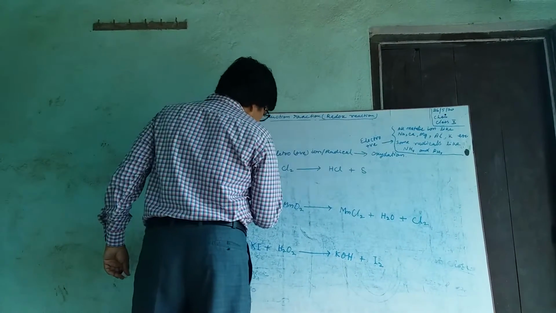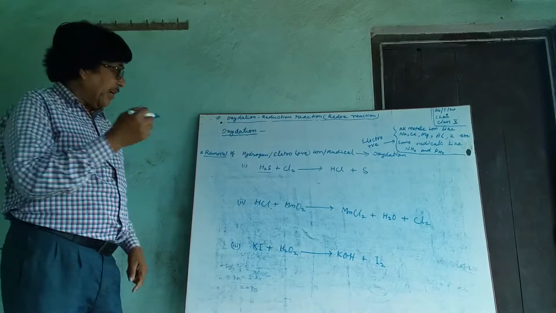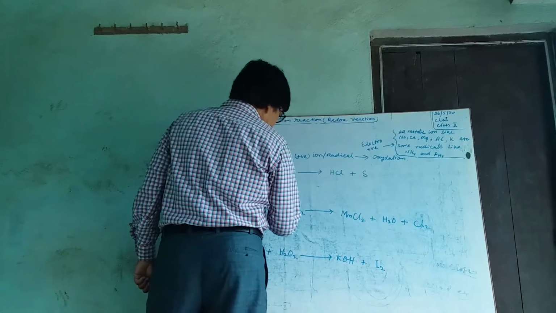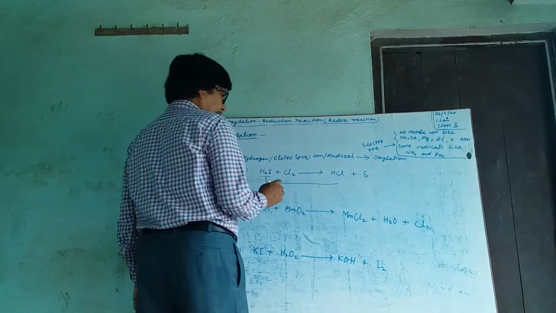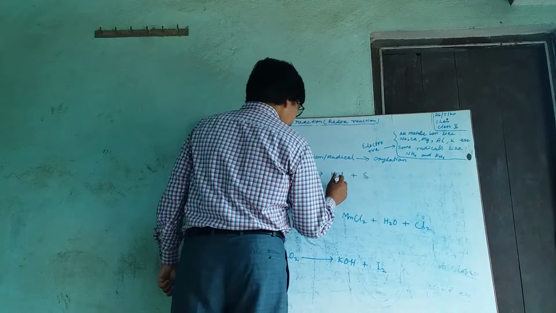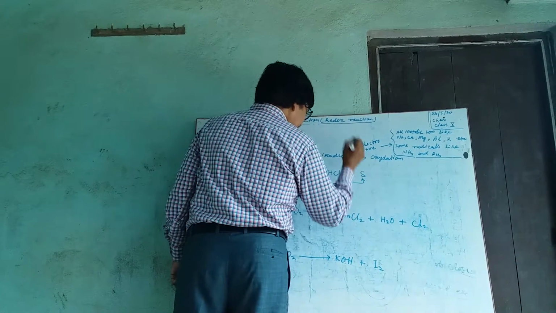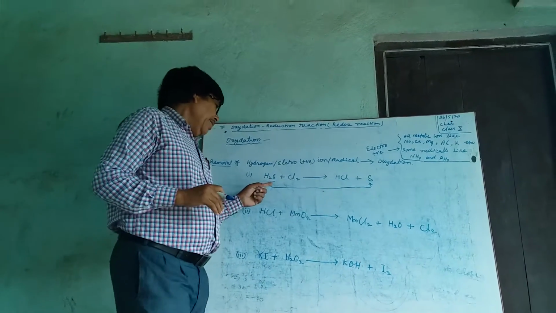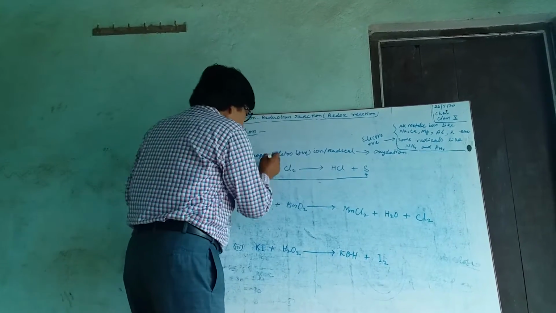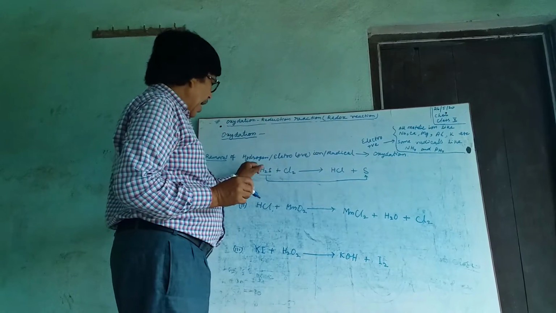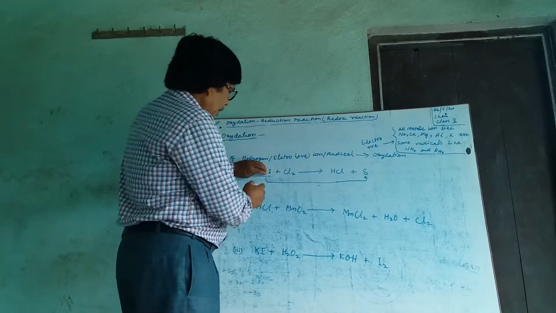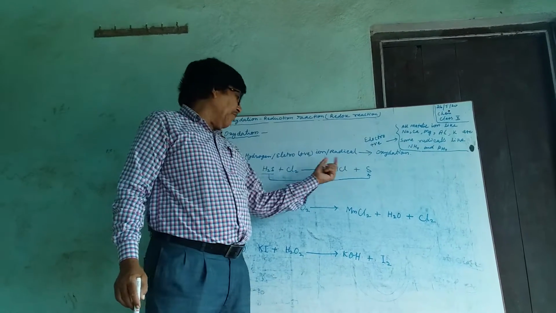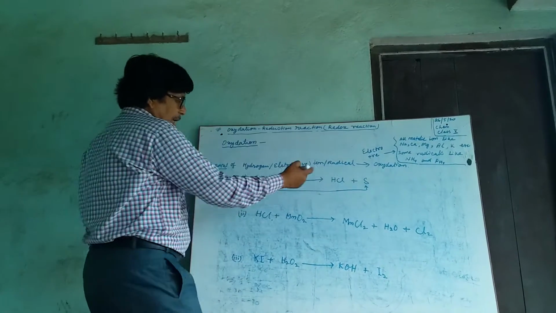H2S is a compound. When this H2S reacts with chlorine, it forms HCl and sulfur is produced. Here from H2S, hydrogen has been removed, leaving sulfur.